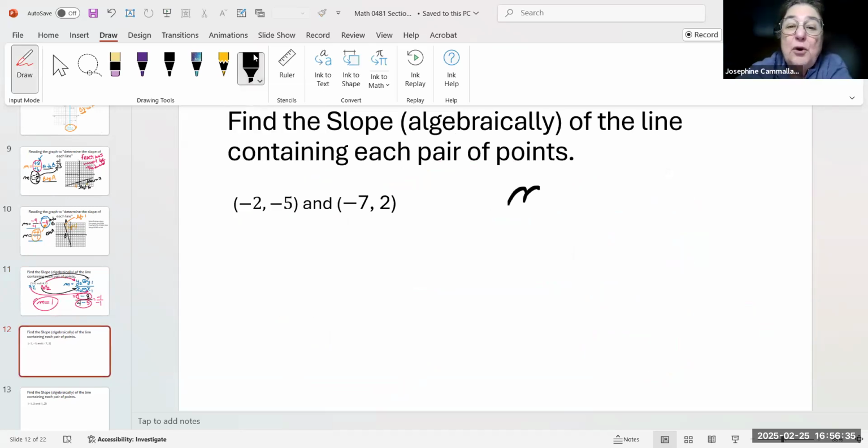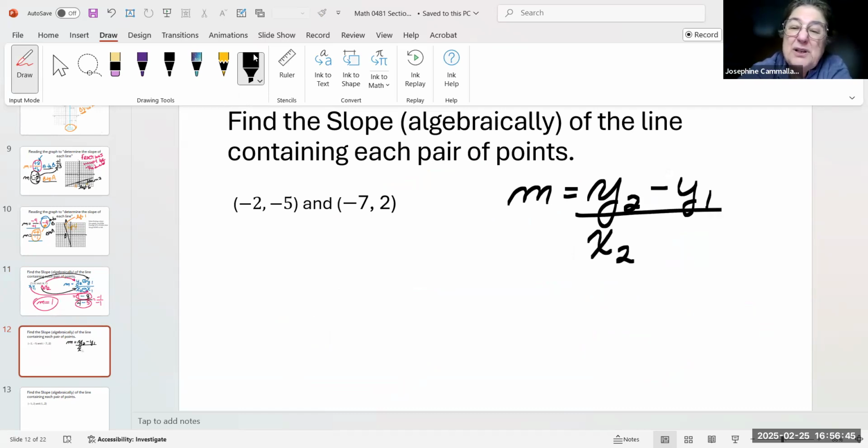Okay, my slope is y2 minus y sub 1 over x sub 2 minus x sub 1. Now notice order matters. And why?